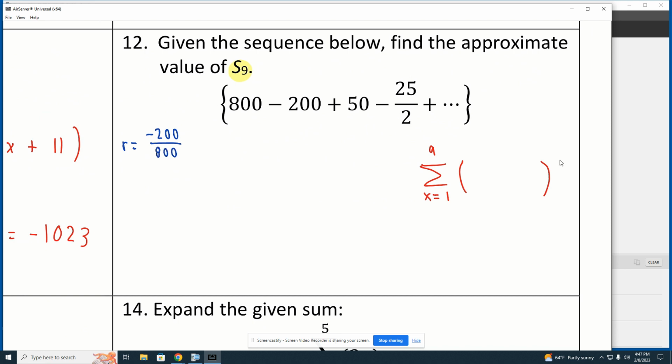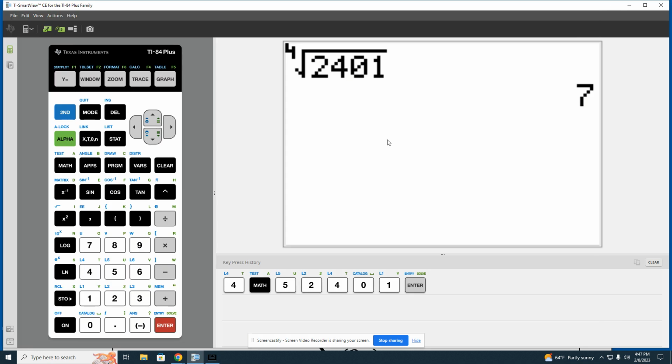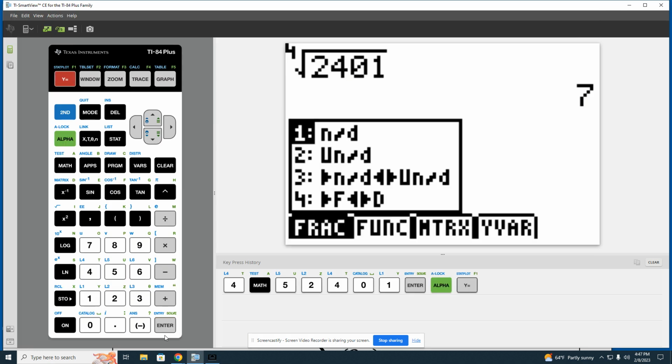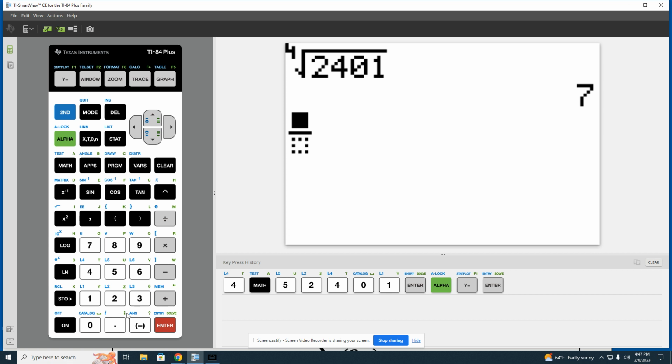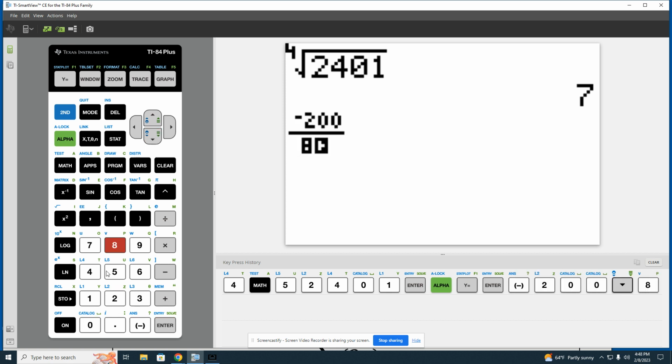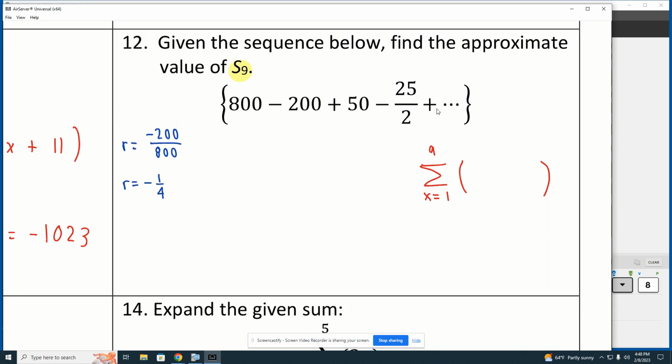So if you go type that in, and notice how this is a fraction, so I'm going to use my fraction key, and I'm going to do negative 200 over 800. So that's negative 1/4. I'm going to use the fraction because there's answers that were already given to us that are in fraction form. You don't have to do that, but I'm going to, okay?